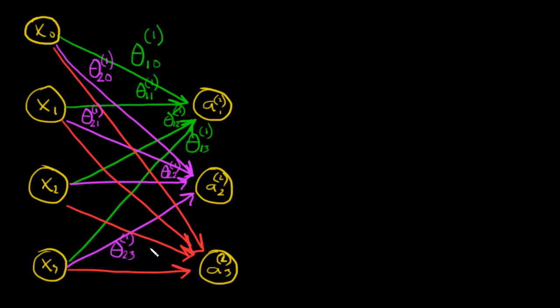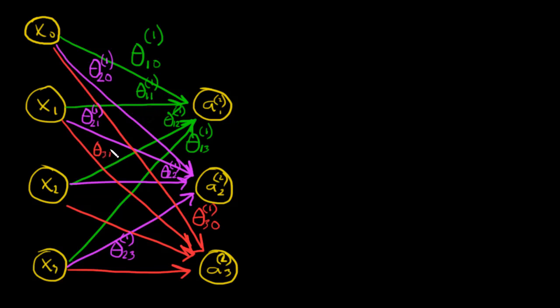Alrighty. Now, let's wrap it up with the last activation. So we're going to have this weight right here, the very first one. Well, that's going from node 0 to node 3. So 0 to 3, starting in layer 1. Then this weight is going to be from node 1 to 3.